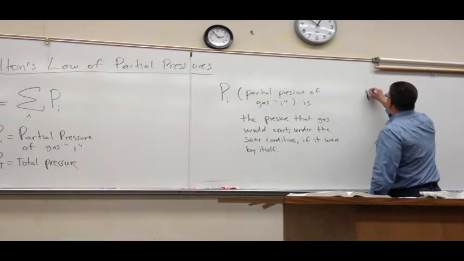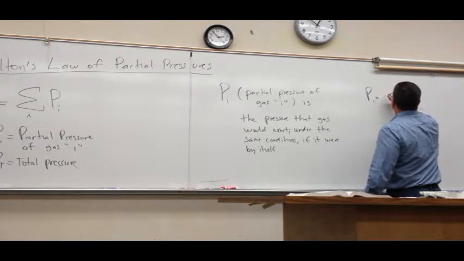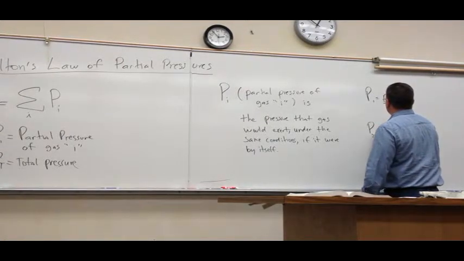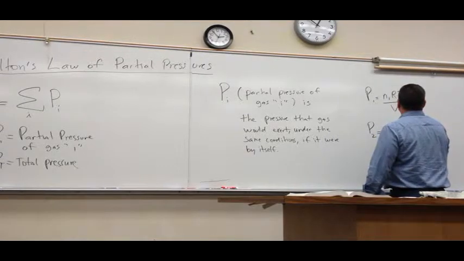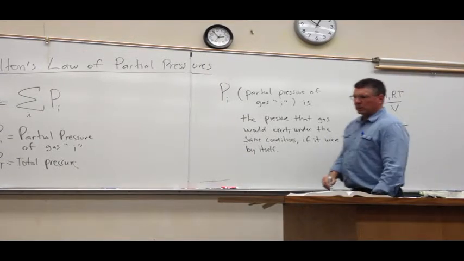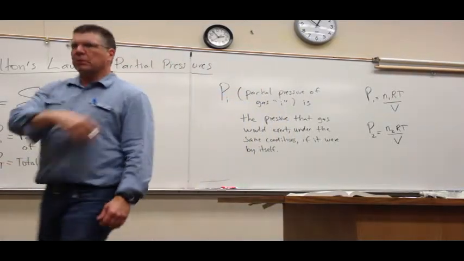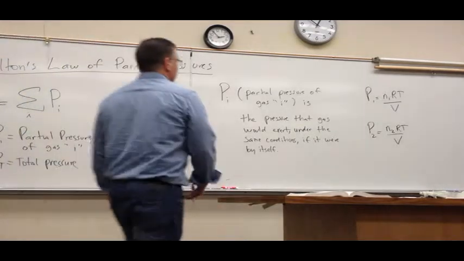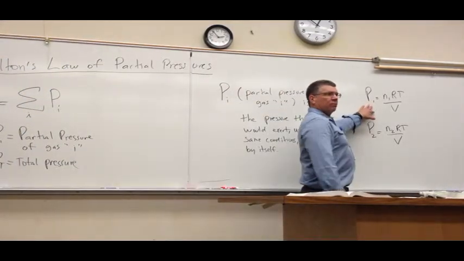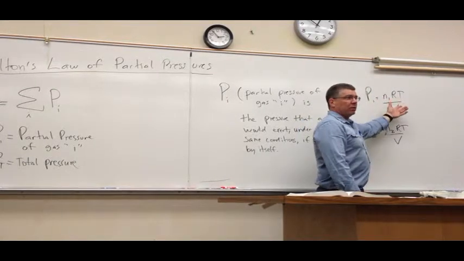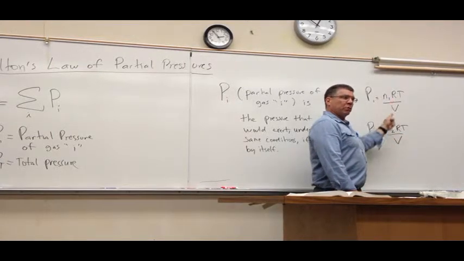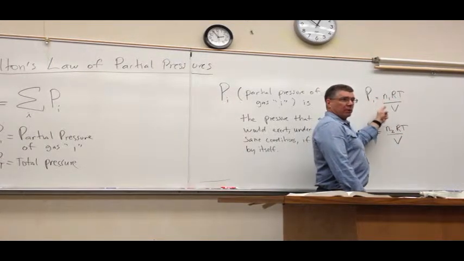Let's say I have two gases. Gas 1, gas 2. In this situation, where they're in the same container, so they're at the same volume and the same temperature, the partial pressure of the first gas is just, using the ideal gas law, nRT over V. Partial pressure of the second is nRT over V. The only thing that's different between these two is how many moles of the first gas you have, how many moles of the second.